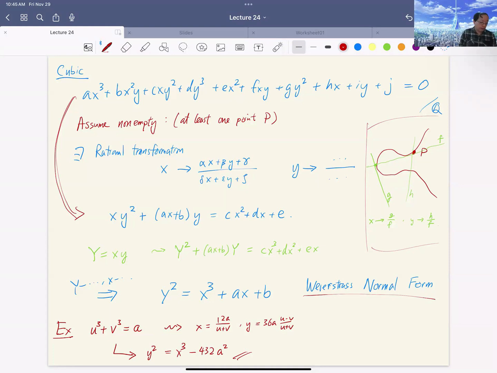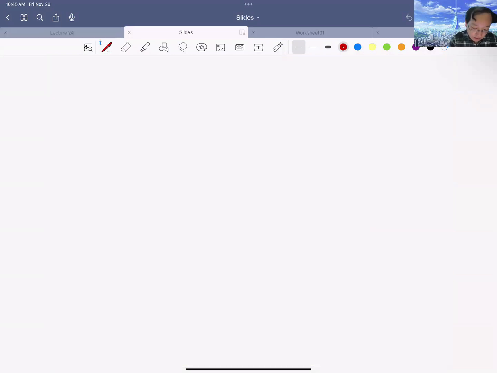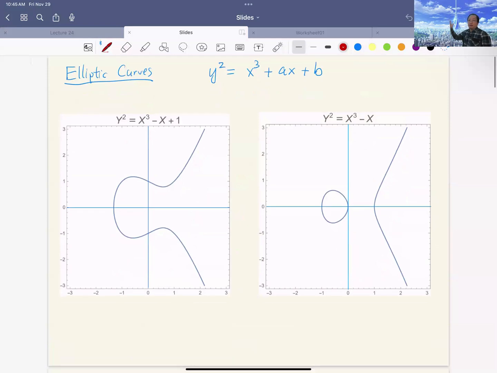So this always happens. Let's just have some basic example: y squared equals x cubed plus x plus b. The simplest one, the typical shape of an elliptic curve, looks like this. Because it is a cubic on the right-hand side, either you have one real root or three real roots, right? There are only two situations. The left-hand picture is the situation where you have one real root.